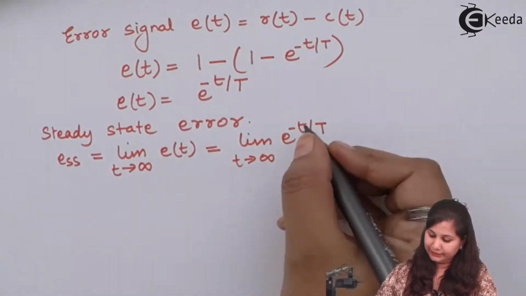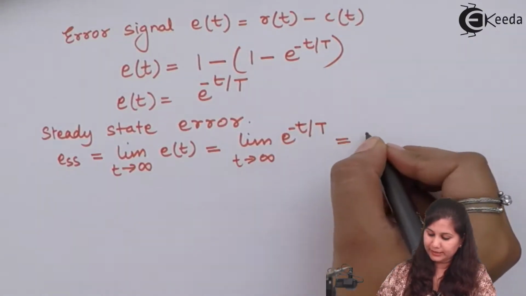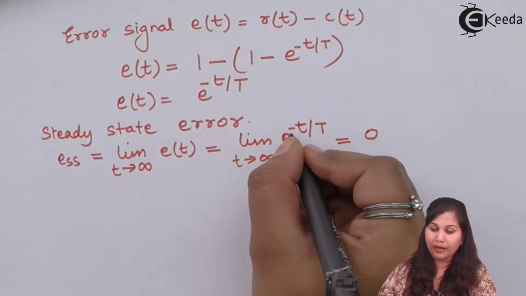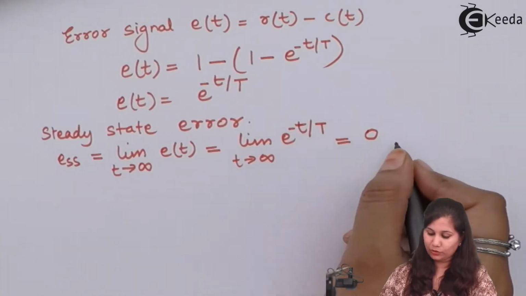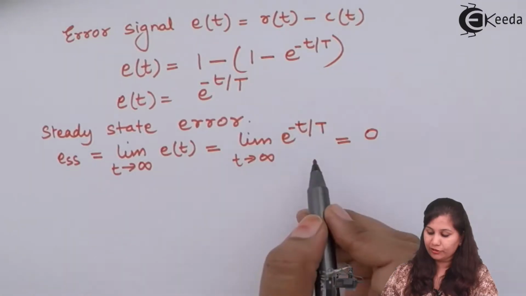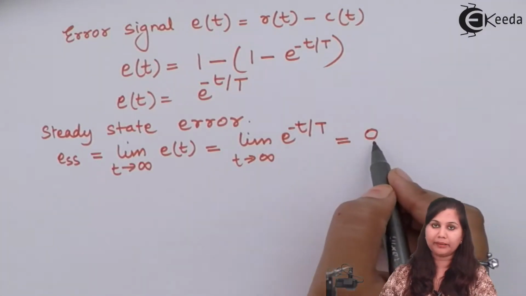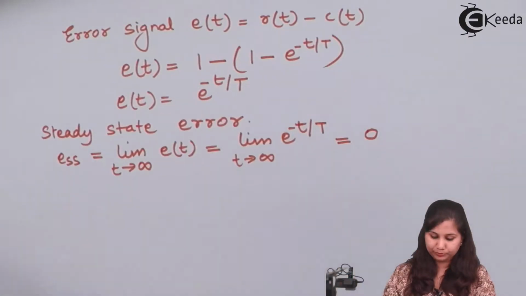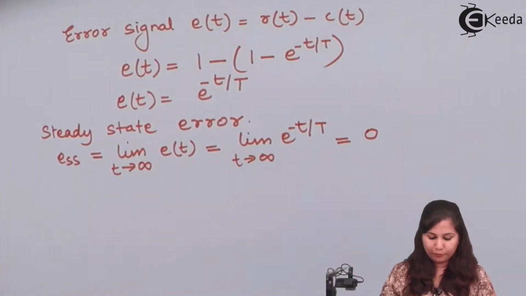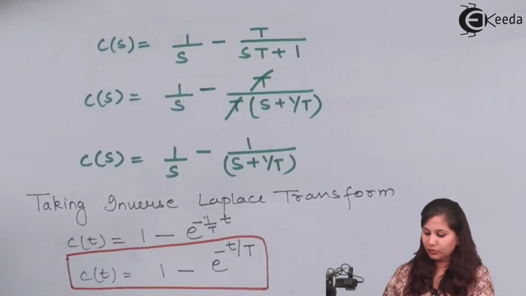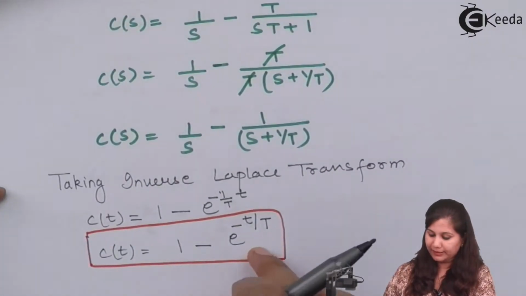When we apply the limit, its value will be 0 because e raised to the power minus infinity is 0. So the steady state error for the unit step input of a first order control system is coming out to be 0.